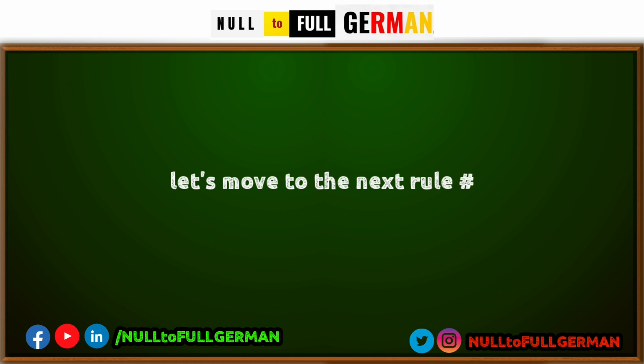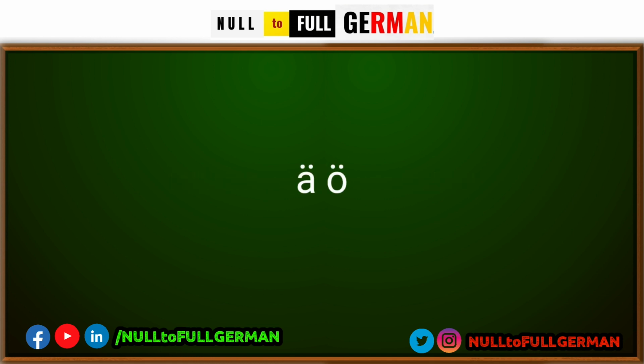Let's move to the next rule, which is once again with umlaut. Earlier we had A with umlaut and O with umlaut. Now this is the last one with umlaut, which is U with umlaut. Here once again the pronunciation changes, as U in German is pronounced as U. And if you don't have any provision for creating umlaut, as I told you, we just add E. While writing, if you have to write U with umlaut, you simply write U and after U just E. That shows U and E, that means umlaut.